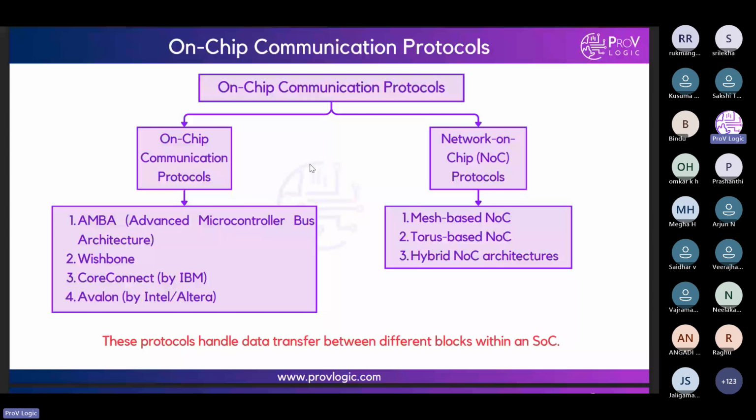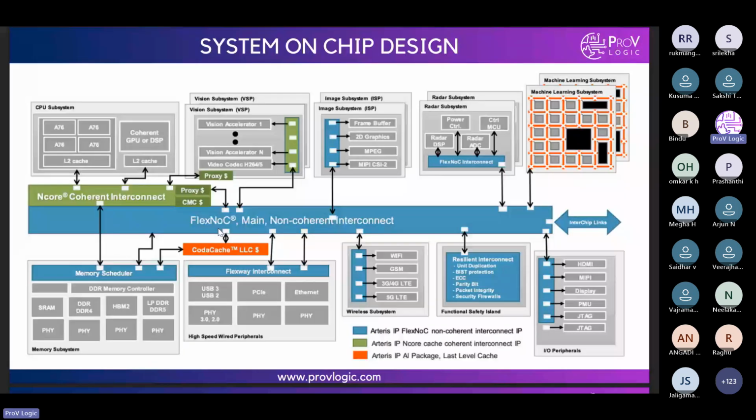On-chip protocols means the bus protocols, where I have shown the big interconnects here. Also, there is a green color and a blue color. As I told you before, the verification will be different for core test cases and normal RTL design test cases.